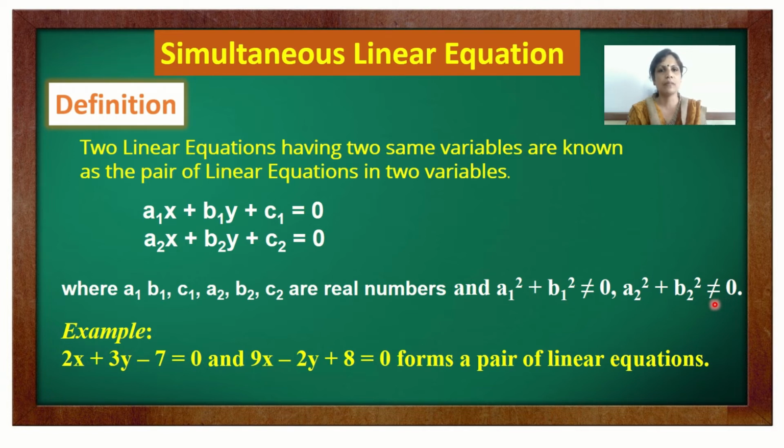This is the condition. So when linear equations in 2 variables are given in pair, they are simultaneous linear equations.